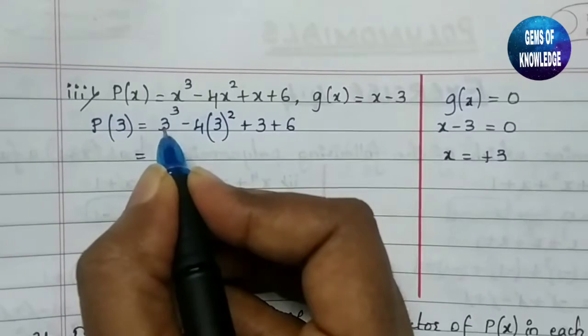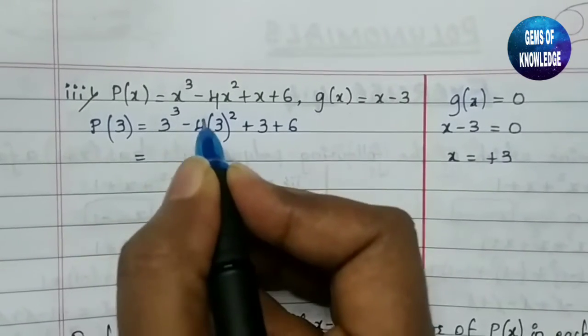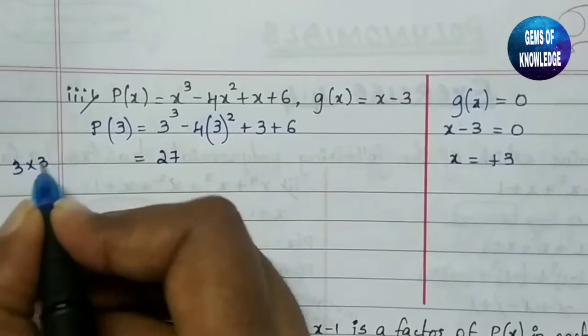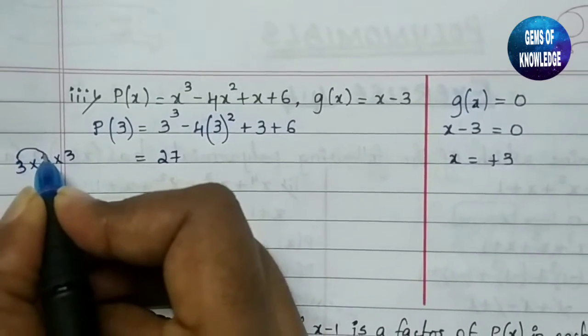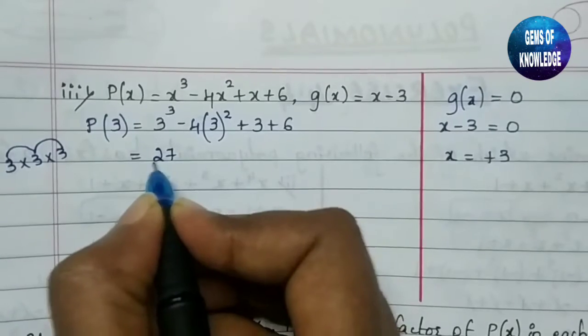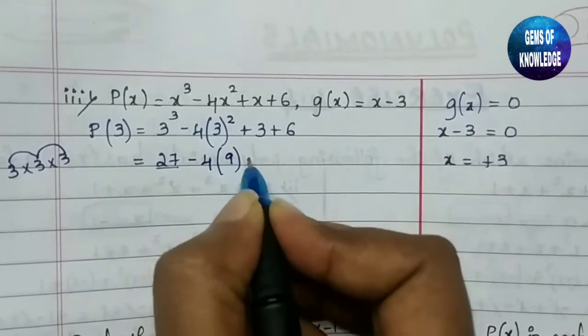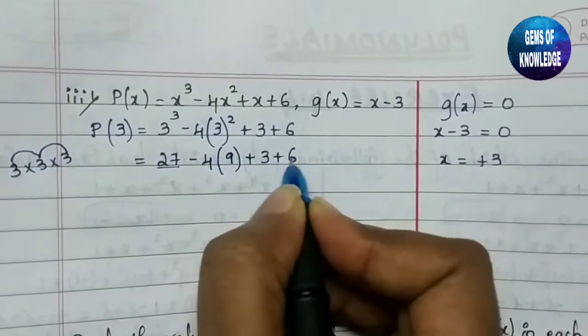Okay, so here we are getting 3 into 3 is 9, 9 into 3 is 27. So 3 3s are 9 and 9 3s are 27. Minus 4 into 3 squared, which is nothing but 9, plus 3 plus 6.